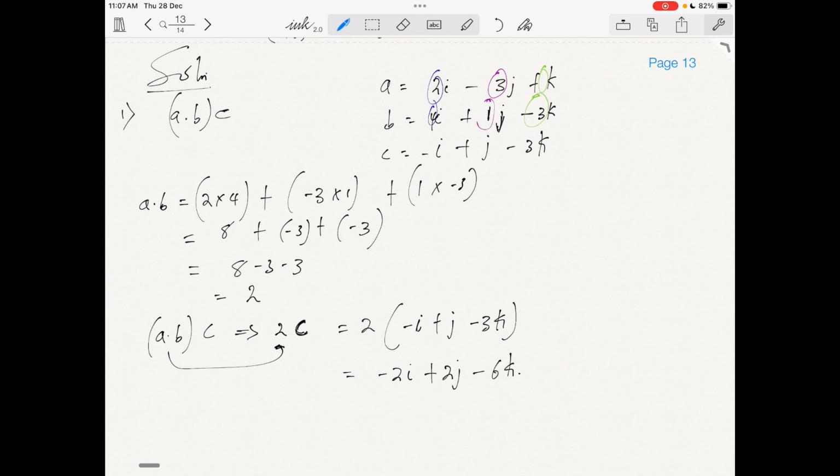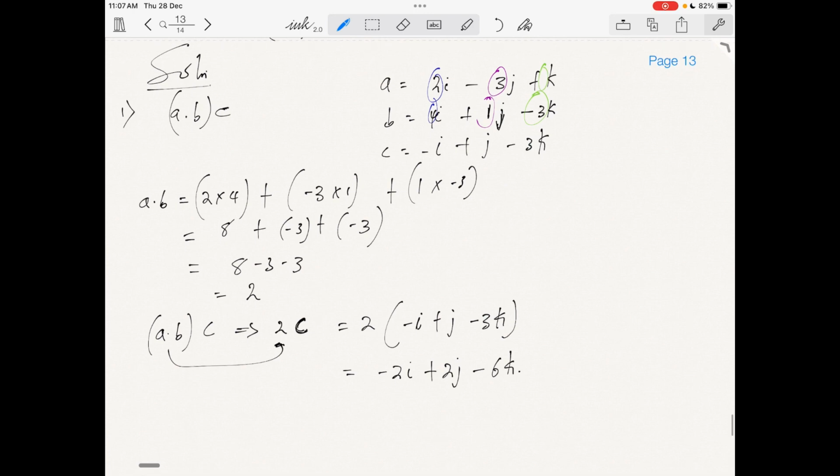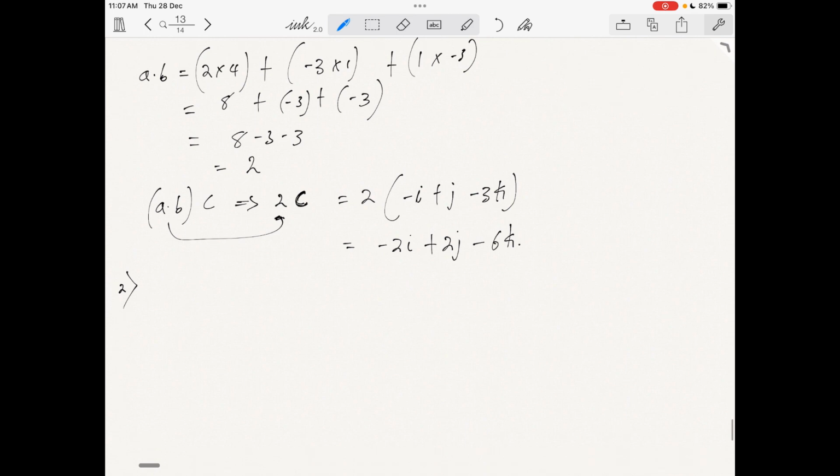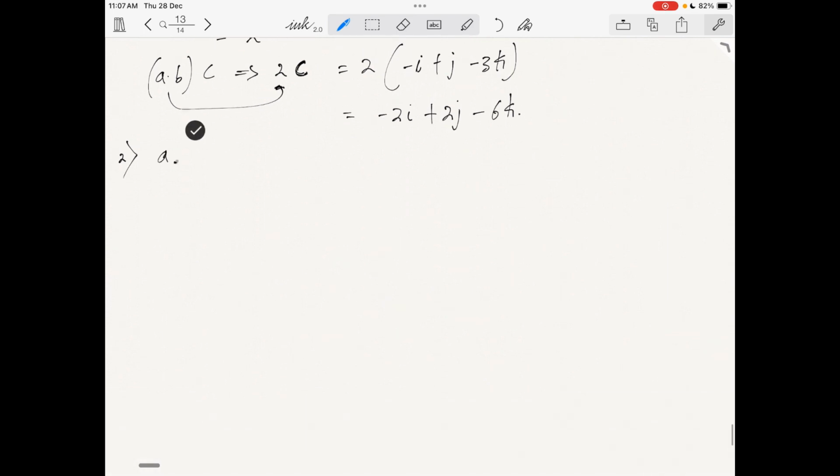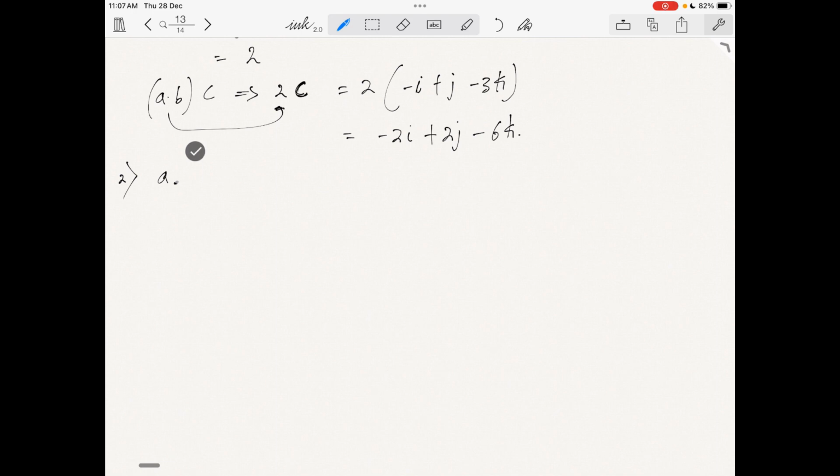That will give us the solution to the first question. Now the second question we say is a dot b cross c. This is what they call the scalar triple product.